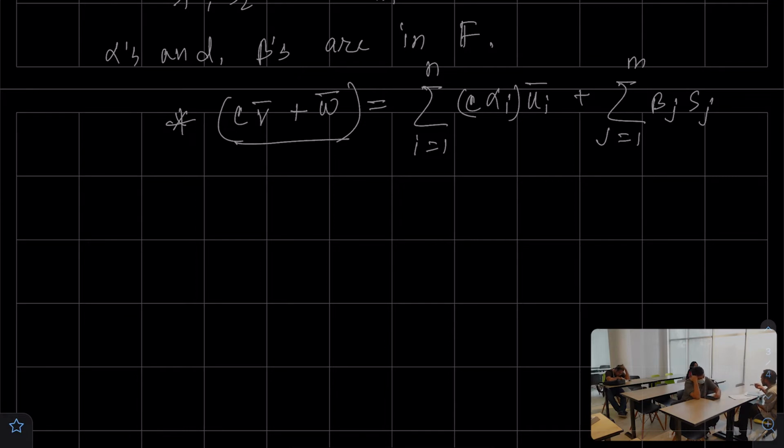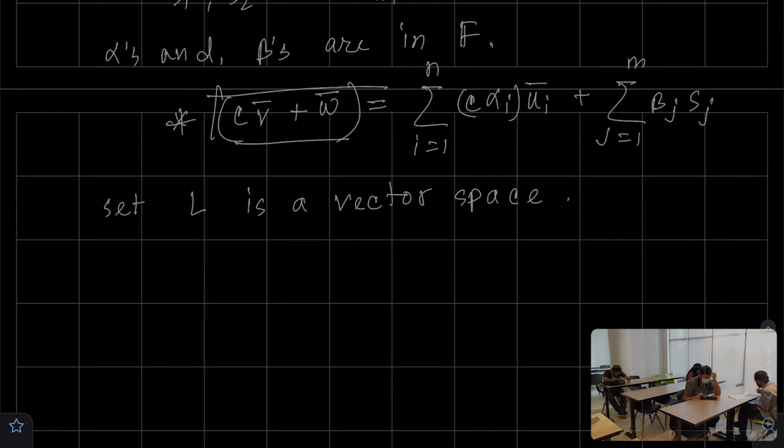And from the previous theorem, we can conclude that this set L is a vector space, isn't it? Right? L is a vector space because if I prove this CV plus W form, then I know that the vectors coming from this set L form a subspace.